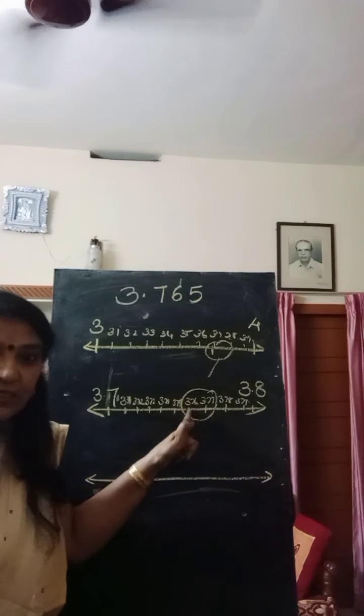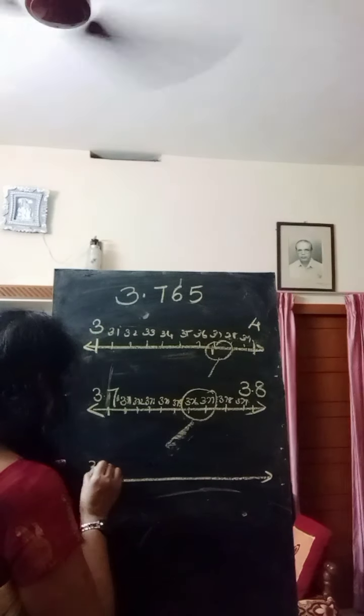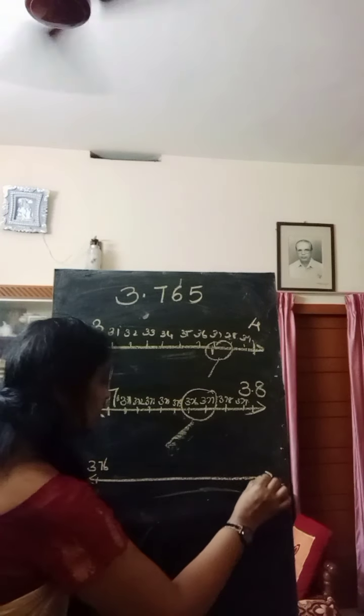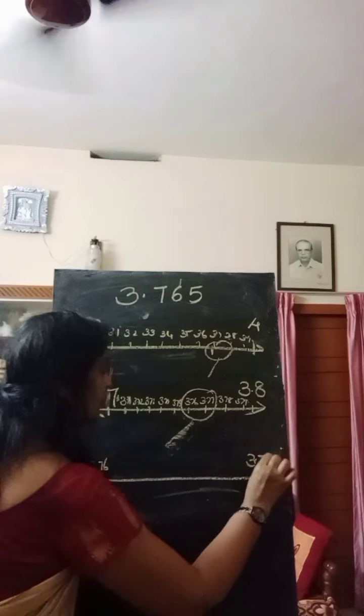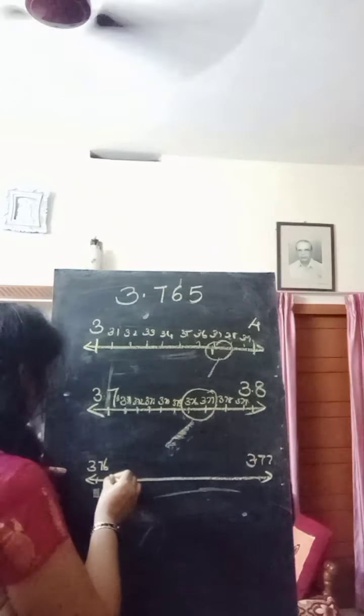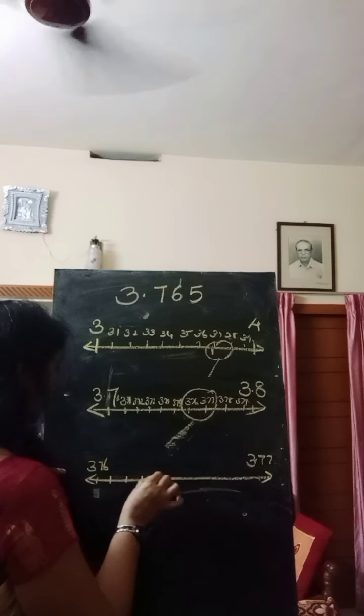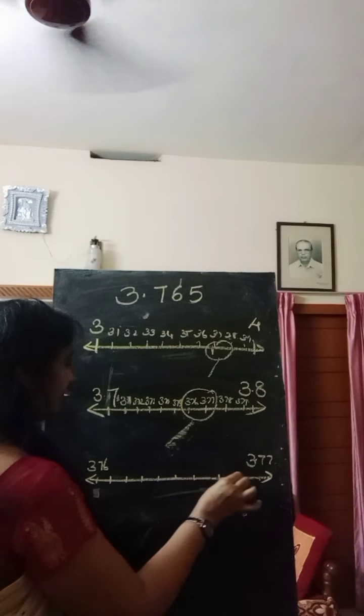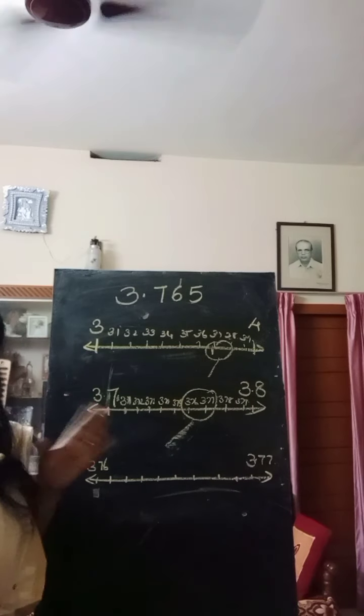What is the first decimal? 3.76. What is this? 3.77. Again divide this number line into 10 equal parts: 1, 2, 3, 4, 5, 6, 7, 8, 9, 10.